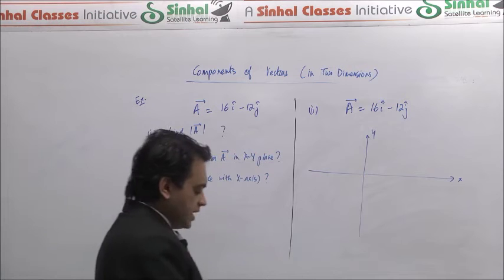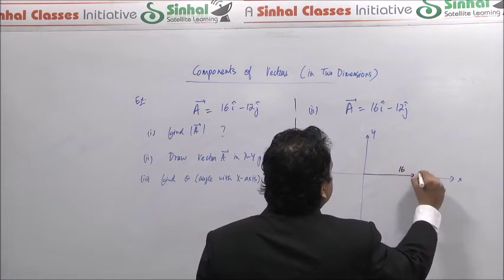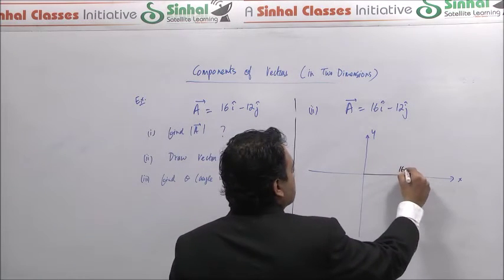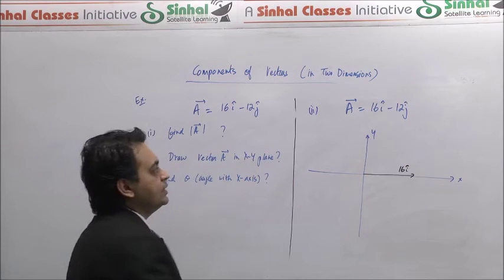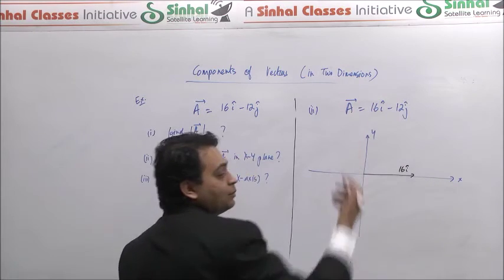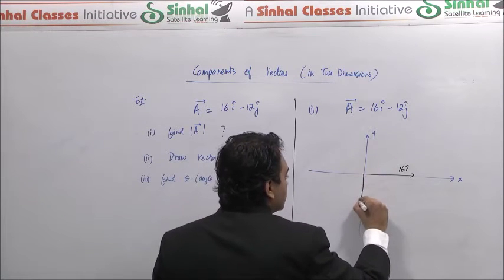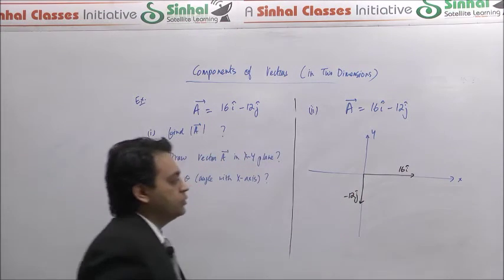So 16 i cap would over here be a vector like this, 16 units and lying along the positive x-axis. Whereas minus 12 j cap would be a vector that is lying along the negative y-axis, because j cap points upwards, and it would be of 12 units. So it would be a vector like this of 12 units along the negative y-axis. So that's why minus 12 j cap.